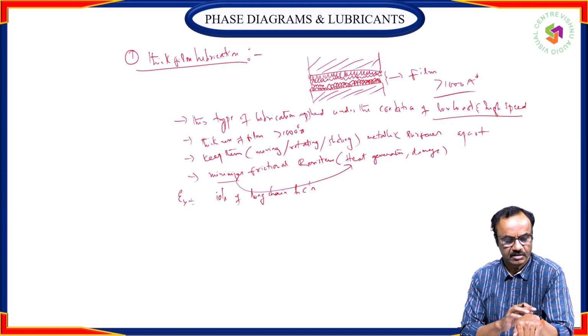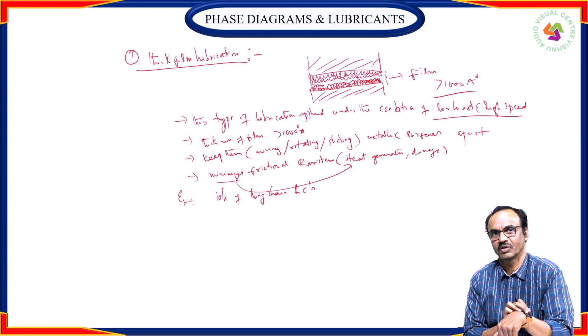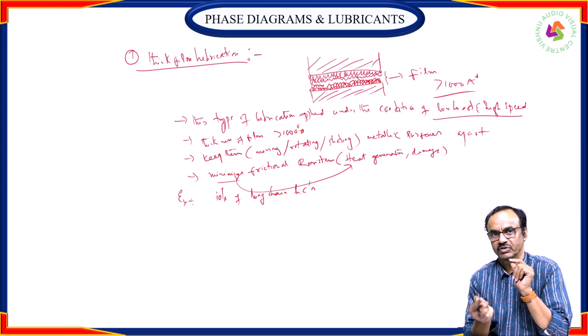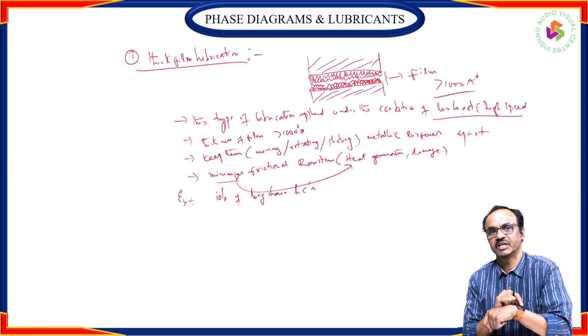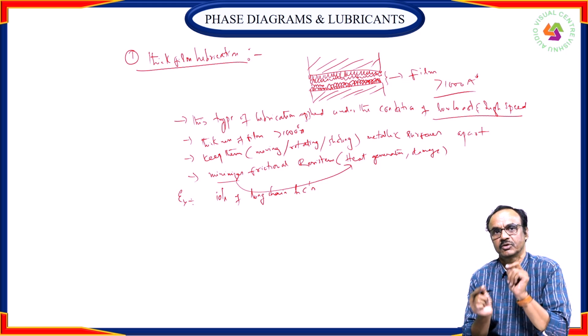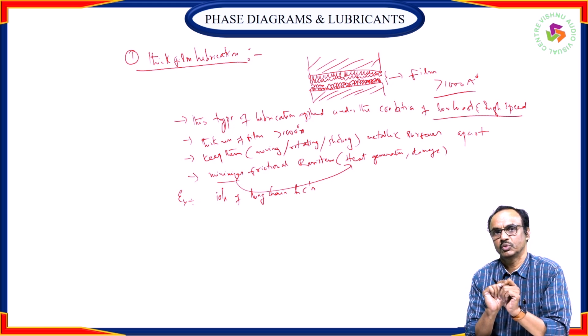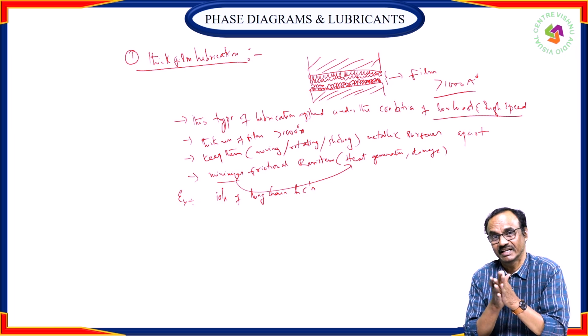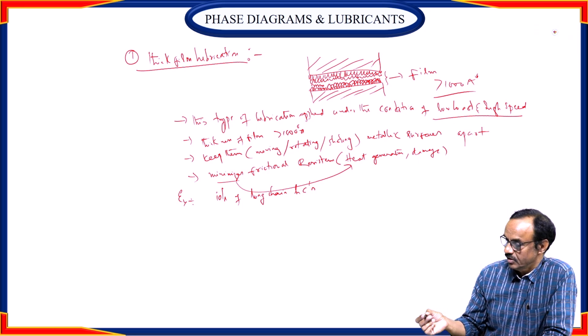Low loaded, like watches, clocks. Low load, high speed, continuously, as long as the battery is in condition, rotators move clockwise, anti-clockwise, right? So to avoid damage at the place where they touch each other, we introduce lubricant, maybe semi-solid, solid, or oils like this.